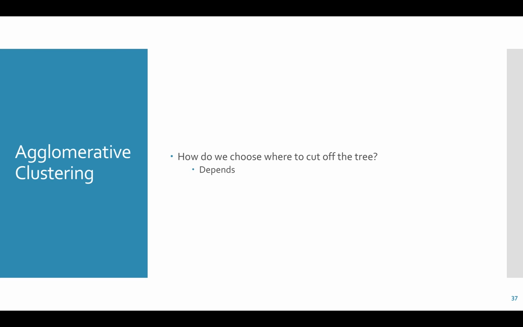If you want the clusters to be really tight, you can use that as a criterion. If you don't want the clusters to have a large spread, you can use that to decide where to cut the tree. If you just want as few clusters as possible, you can decide that. It really depends on the problem and the application, so you have to decide what's best for your problem domain.